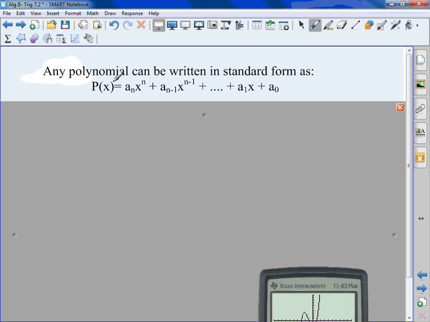Any polynomial can be written in standard form as p of x equals a sub n times x to the n plus a sub n minus 1 times x to the n minus 1 plus dot dot dot a sub 1 times x plus a sub 0. It looks confusing. This is the highest degree right here, and then it goes down each time until you get to a 1, and the next one is a 0.